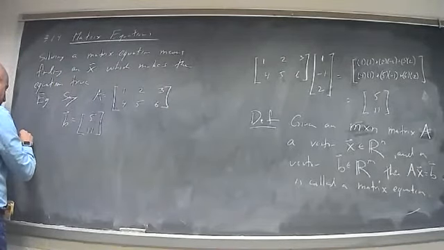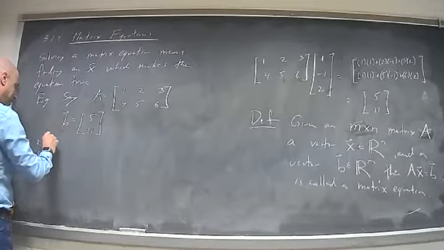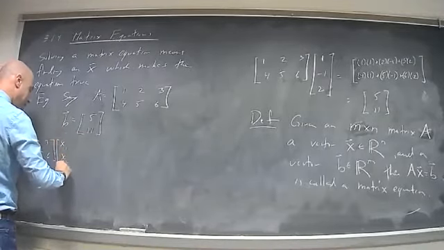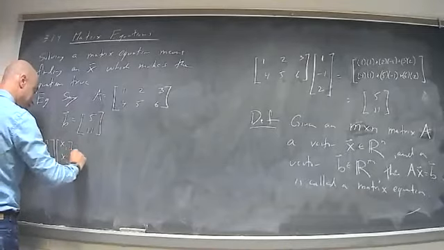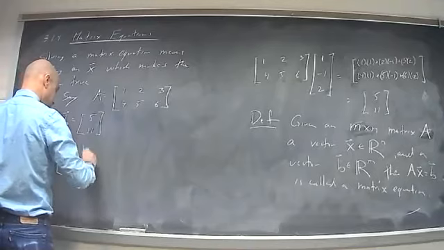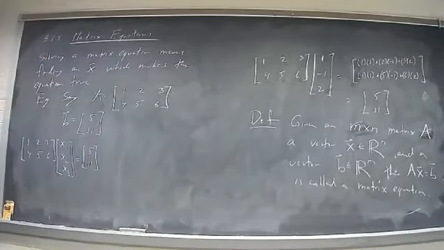Then here's a matrix equation: [1, 2, 3; 4, 5, 6] times (x1, x2, x3) is equal to (5, 11). This is a matrix equation.